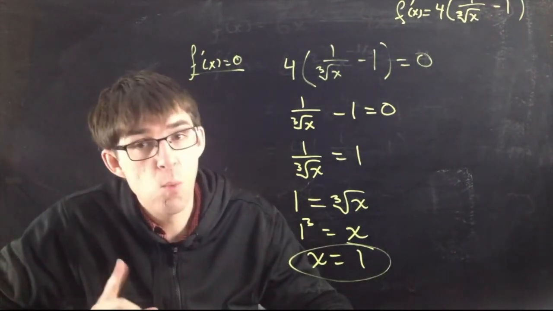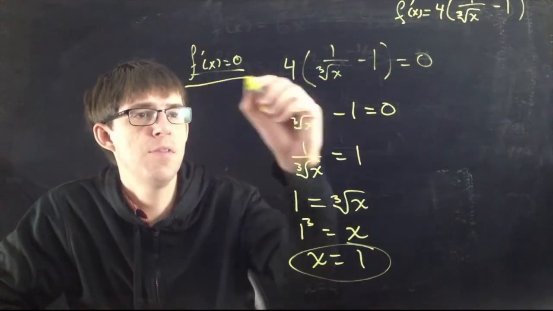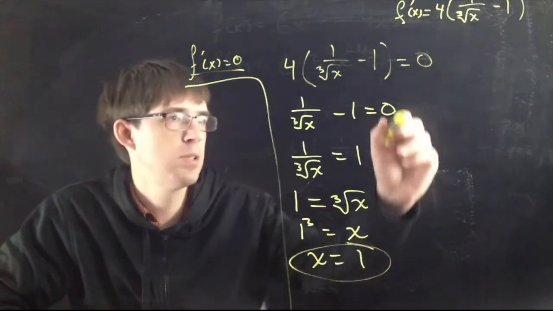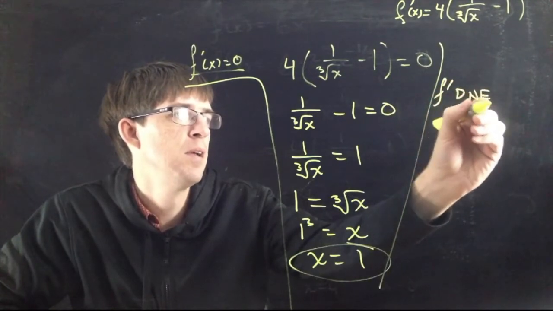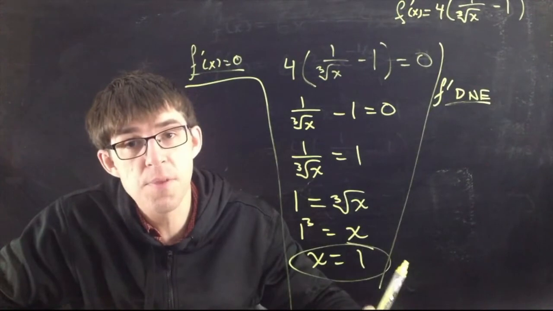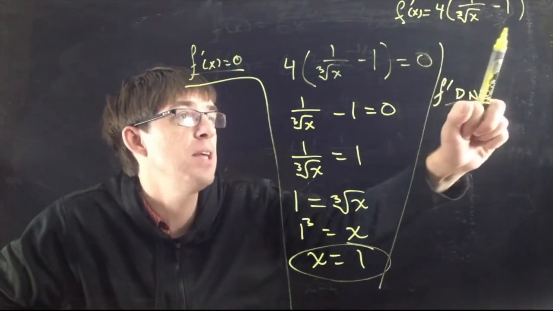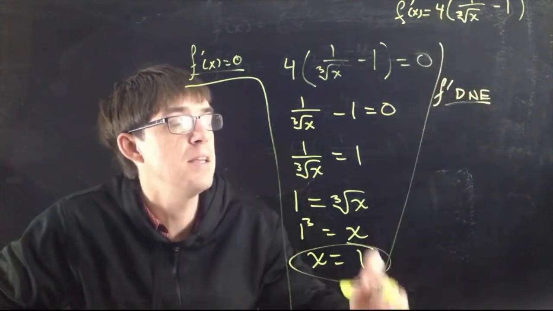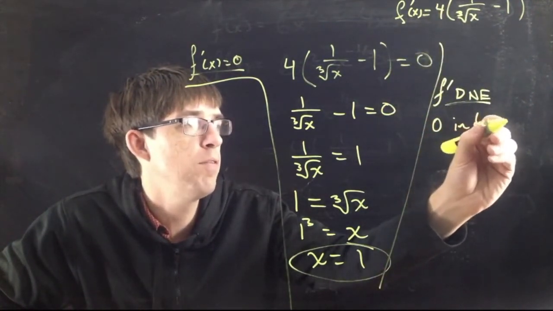We also must check, when does the derivative not exist? I think I got enough room to just say that right over here. F prime does not exist. Remember, what we need to be concerned with is it possible to get something weird like a 0 in the denominator in f prime of x? And actually, that is possible because there is a denominator here. So 0 in the denominator is what you're looking for.